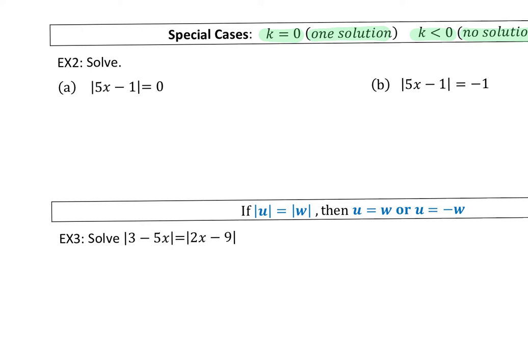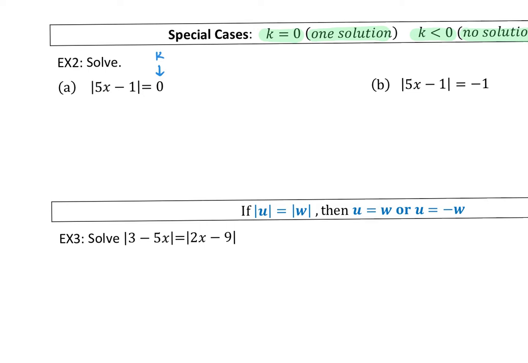In example 2, we want to solve the equation absolute value of 5x minus 1 equal to 0. If I were to break it up, now I can't use that property because my k value here, which is 0, is not greater than 0, so I really can't use the property that we were using before.